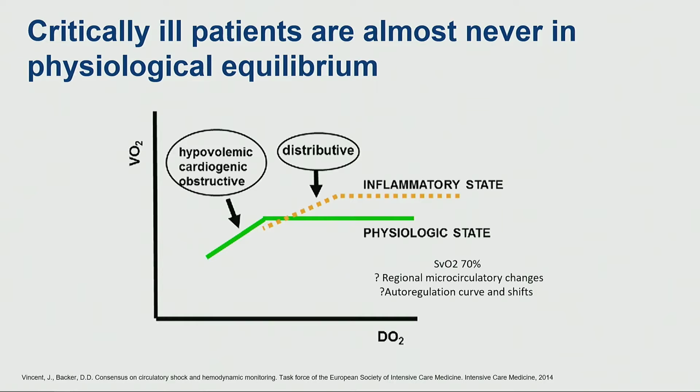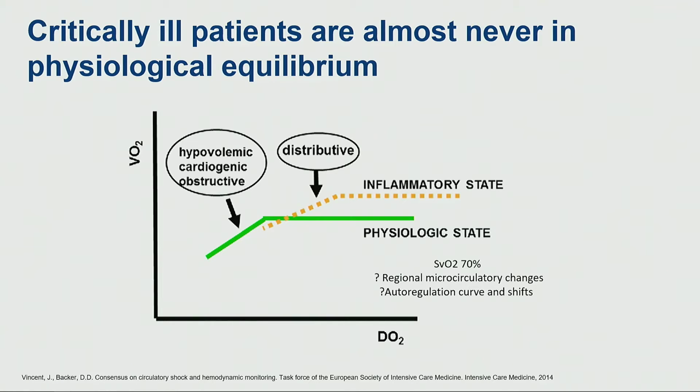So when we look at the concept of oxygen delivery and oxygen consumption, there is a straight line and then there's a flat part of this relationship. We want our patients to mostly be here, where oxygen consumption becomes independent of oxygen delivery. However, a lot of our patients are still on the upward slope right here. We don't know exactly where they are.